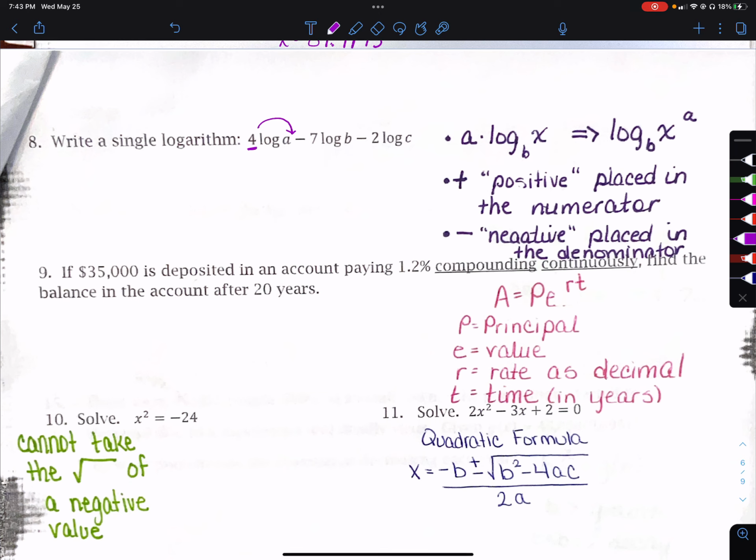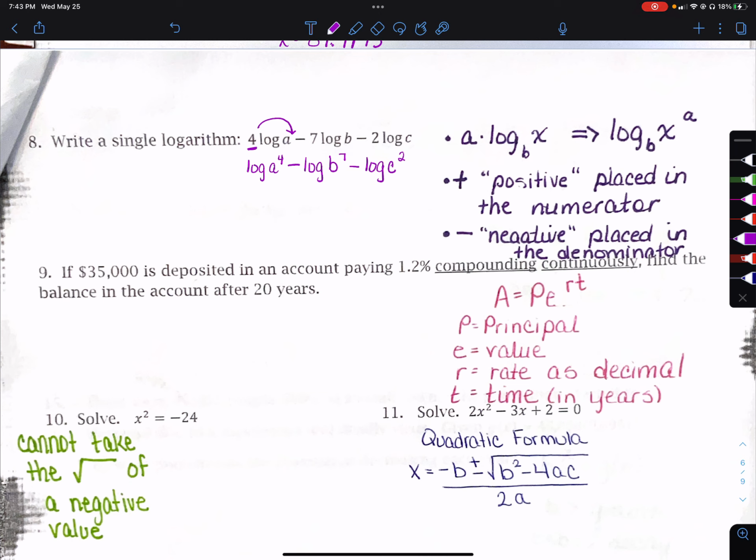Okay, so first thing we're going to do is rewrite this so that it's log a to the 4th. Remember, there is a base. It's a base of 10. We just don't write it. Minus log b to the 7th minus log c squared. Now that there is no coefficient in front of all the logs, if they're a positive log, they're placed in the numerator.